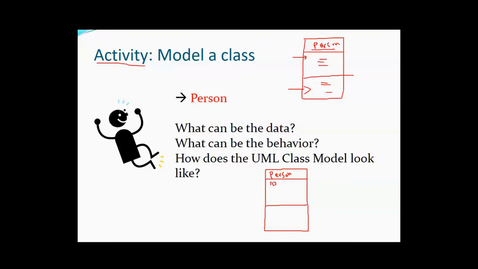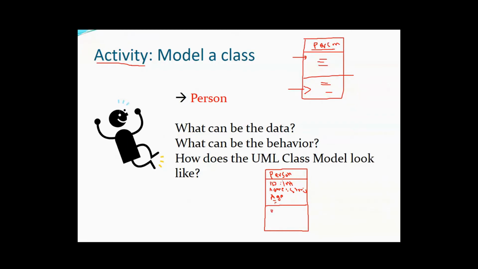For the attributes, we can say ID, for example, name, age, and other things. We could also identify the type. For example, this one is an integer, name is a string. You can identify that.